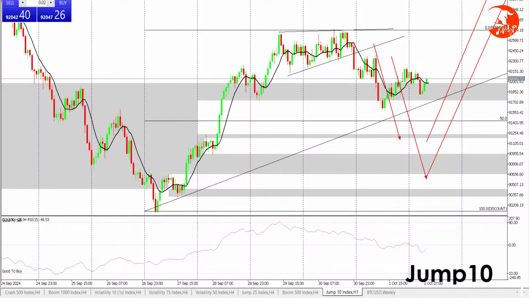So that's what we'll be waiting for. If it does that, then we will have an entry. But if it fails, then here where it is, we have no entry at all. In fact, we may have entries for sales.